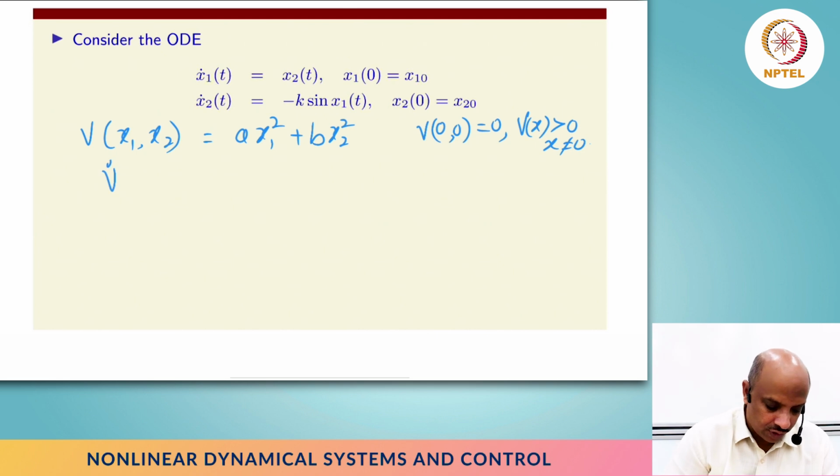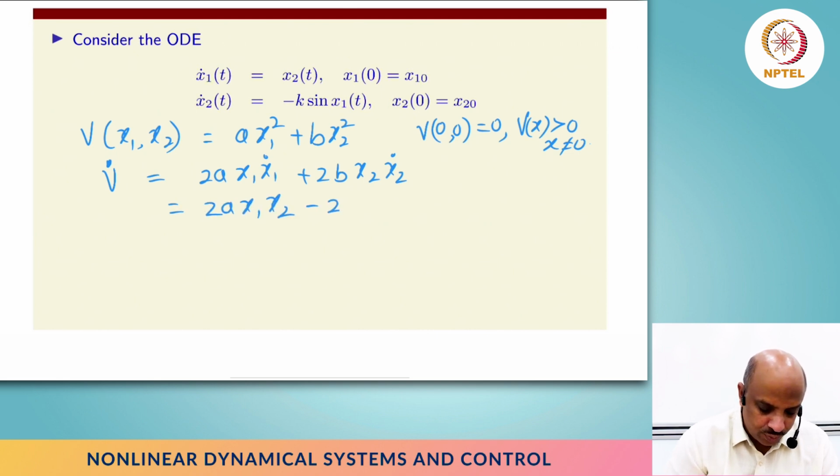Therefore we can compute V dot, which is basically 2a x1 x1 dot plus 2b x2 x2 dot. When you substitute in all this, we'll get 2a x1 x2 minus 2bk x2 sine x1, right?